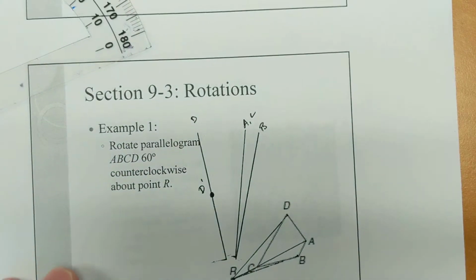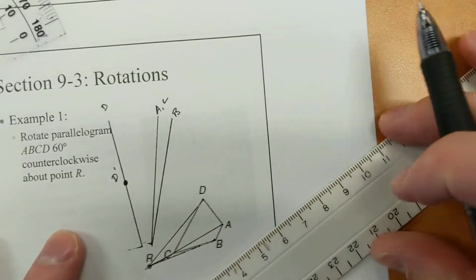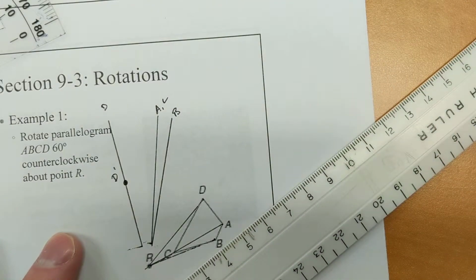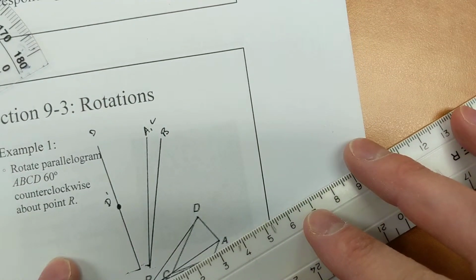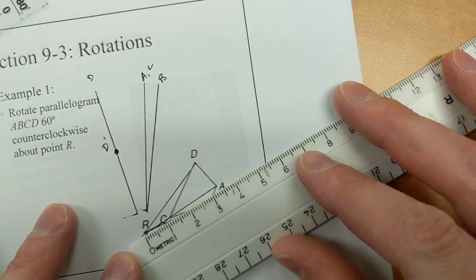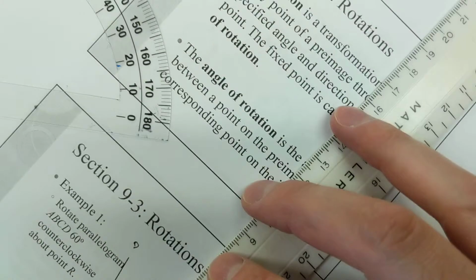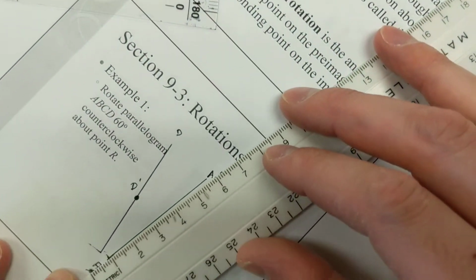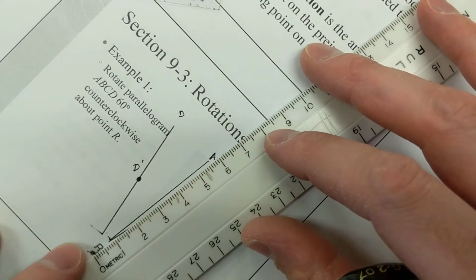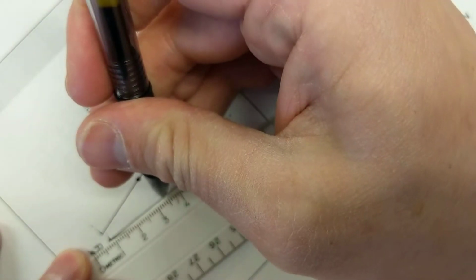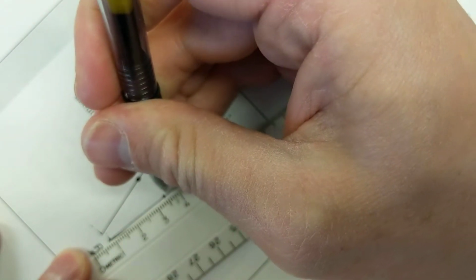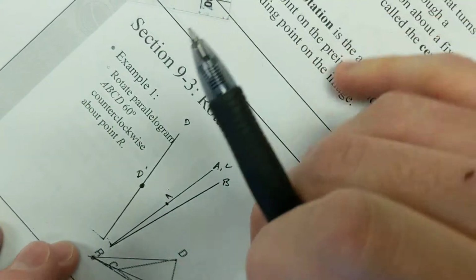And you repeat the process for everything. So for A it is 3.4, so we'll come out here, 3.4, so there is A apostrophe.